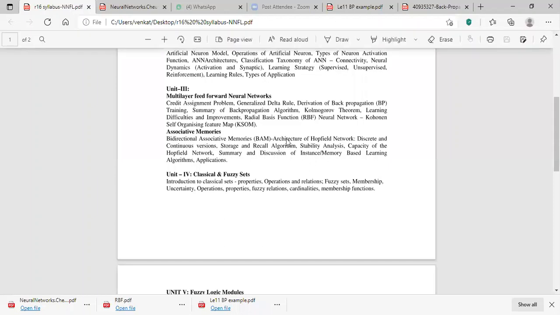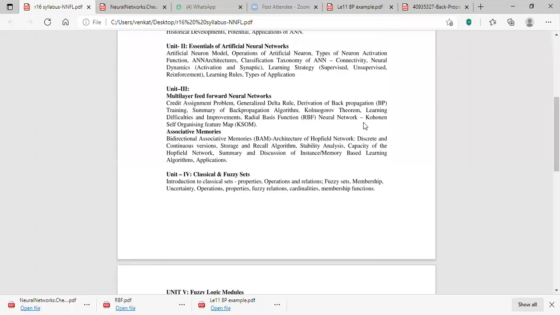Okay, in your third unit, you have radial basis function neural network, and Kohonen self-organizing feature map, KSOM.